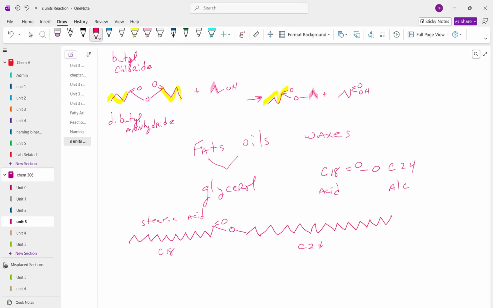And that would be like beeswax or something like that. Paraffin, very simple wax.